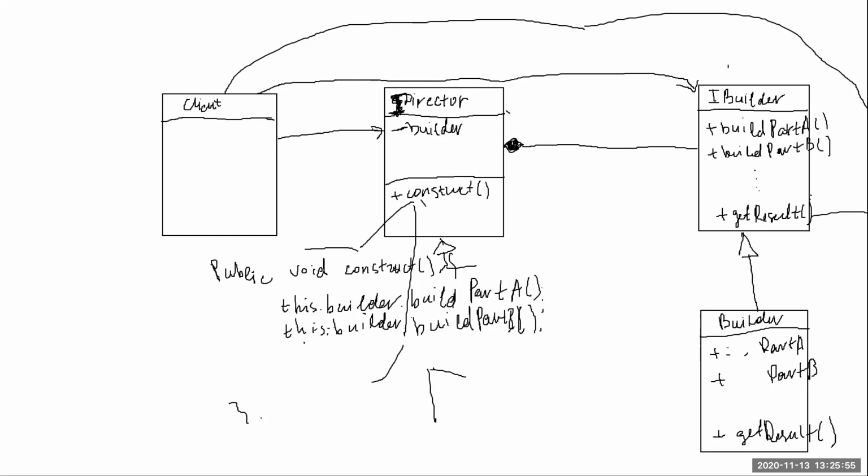Can I do it without violating OCP, the open closed principle? Yes. Just by implementing the director and calling only boil water. I'll just implement another director. I'll just create another class, right? And inside the construct method, I'll just say build boil water, right? And the client doesn't need to change anything.